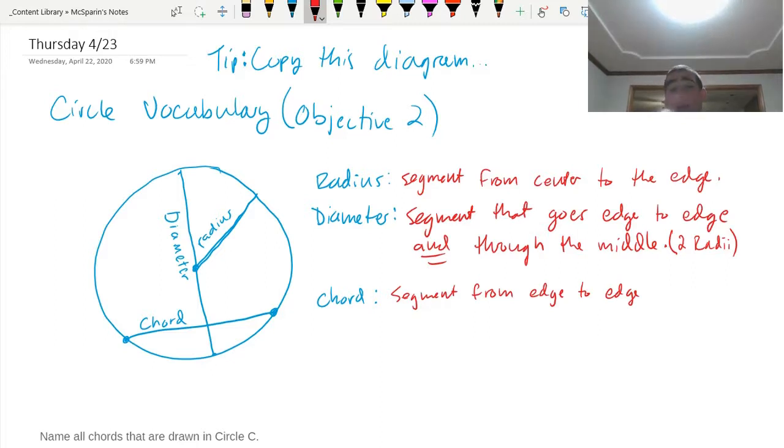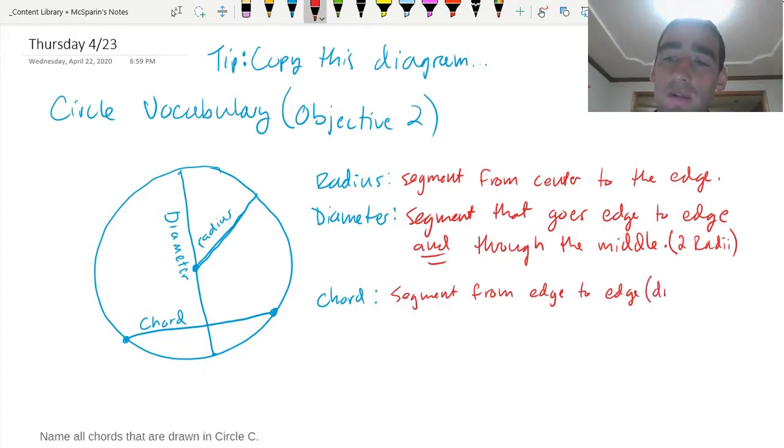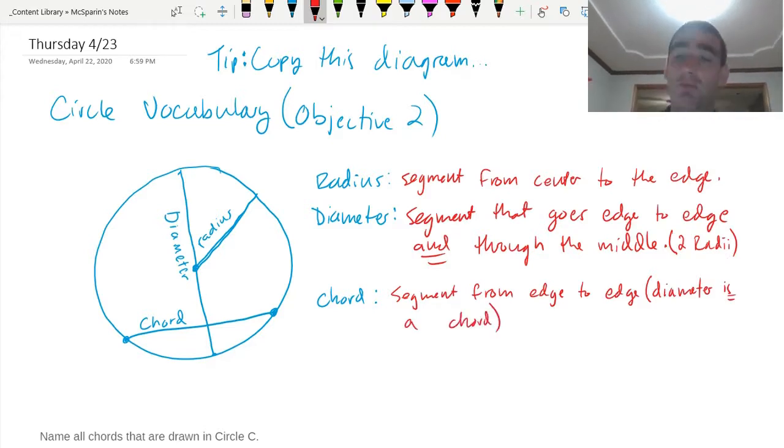Literally any segment that goes from any spot to any other spot is a chord. There are lots of different chords, okay? A special note here. The diameter is a chord. The diameter is a special chord, but it is a chord because it goes edge to edge. There are an infinite number of chords you could draw in this circle.